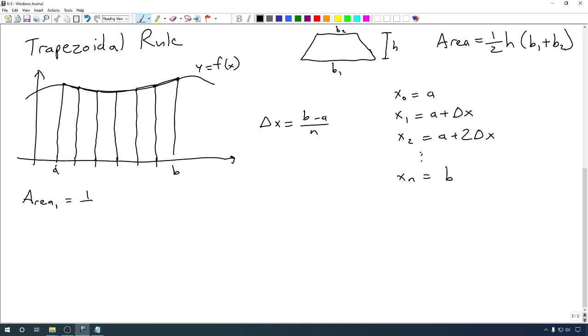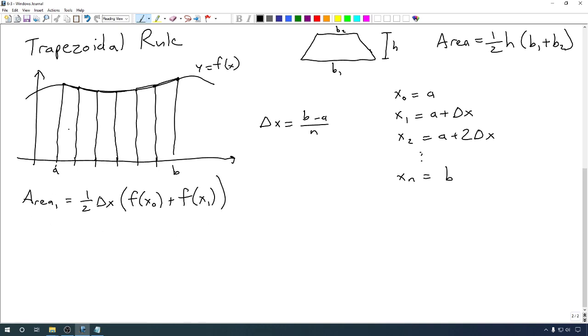So we're going to take 1/2 times that height times the sum of the two bases. The two bases now, let's say this is f of a, the length of this line here, and then the line parallel to it over here is f of this first one. So I'm going to write this as f of x0 plus f of x1.